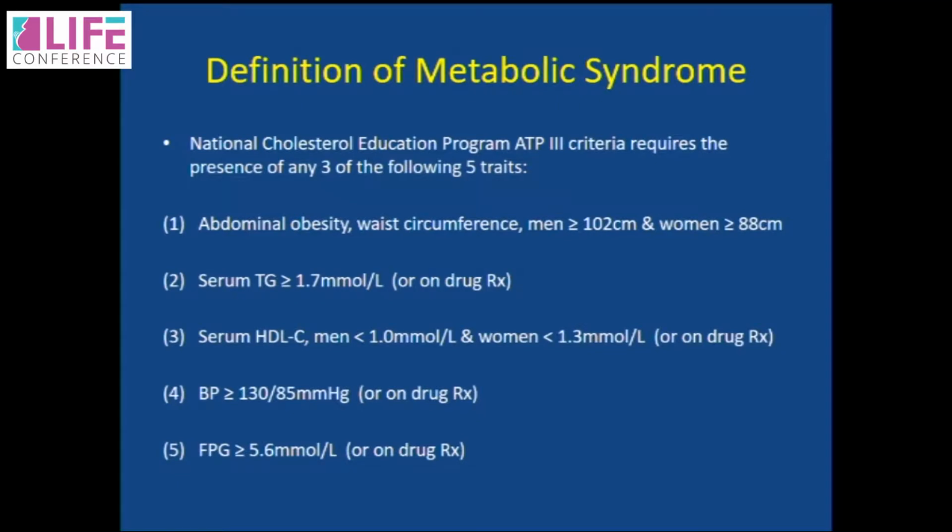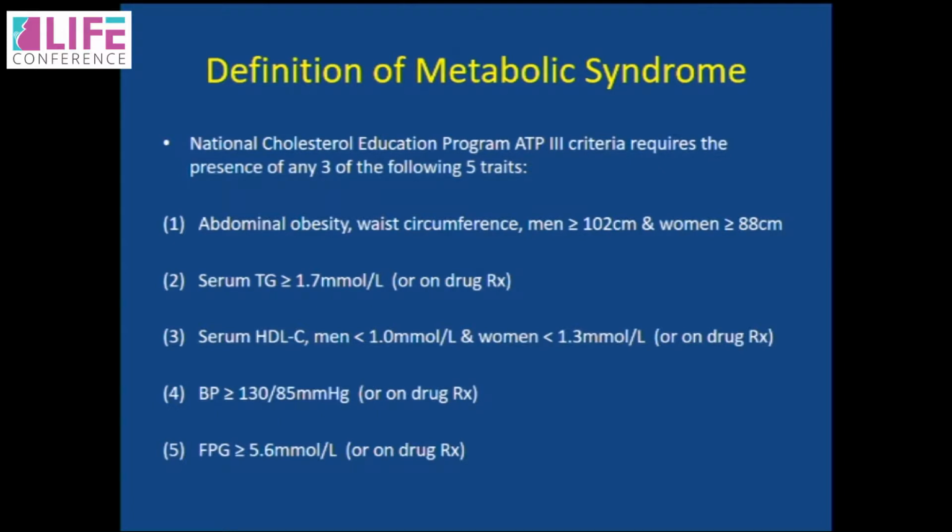The second is a serum triglyceride level of more than 1.7, or anybody who is already on drug treatment for this. The third is a serum HDL cholesterol level of less than 1.0 in men or less than 1.3 in women, again relating to anybody who may already be on medications for this.